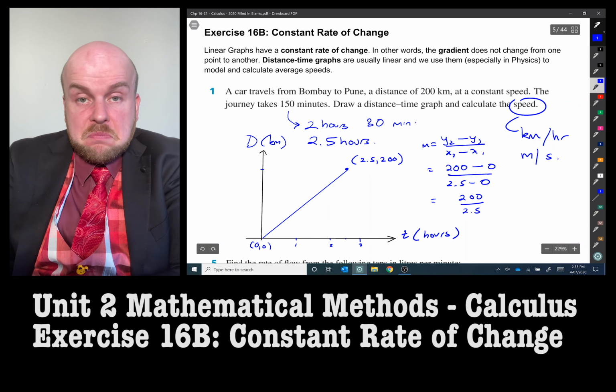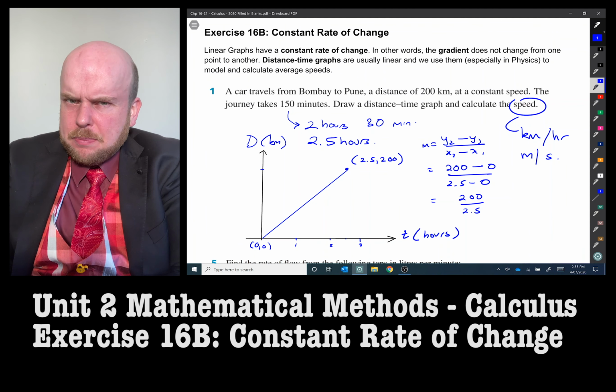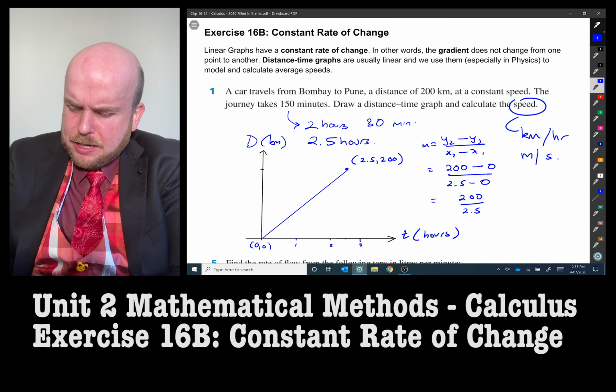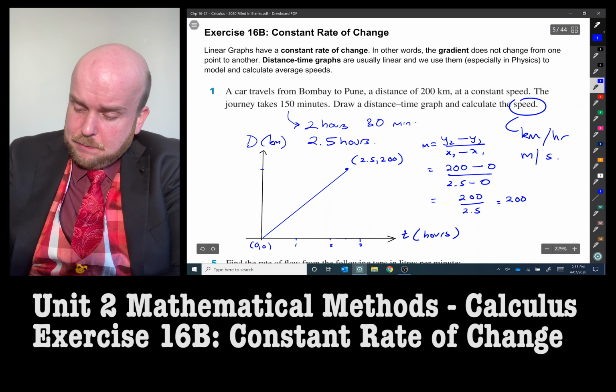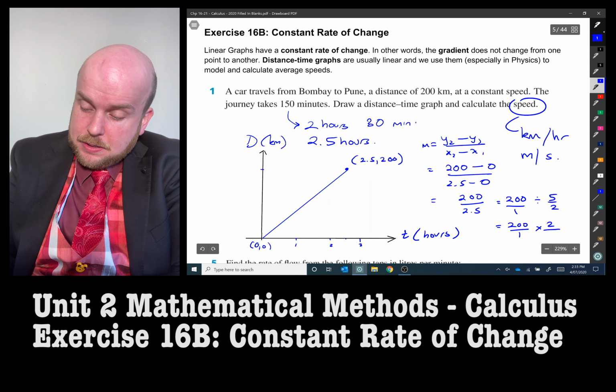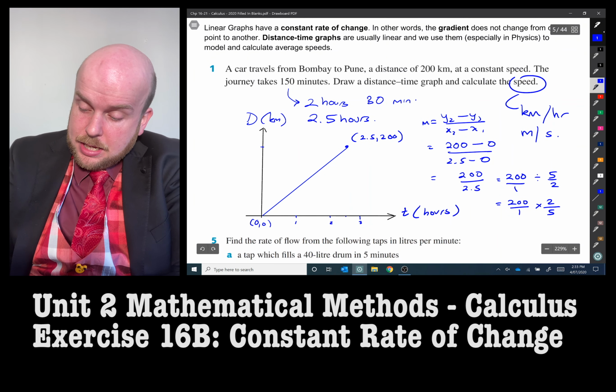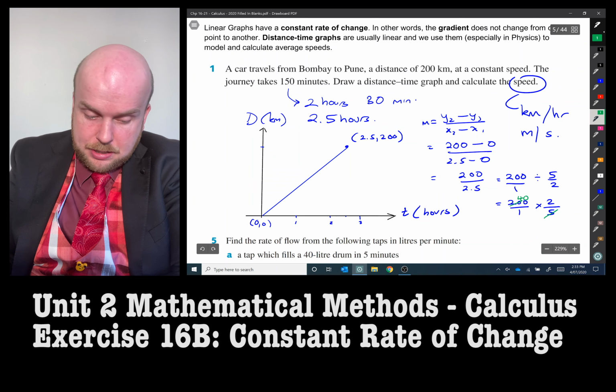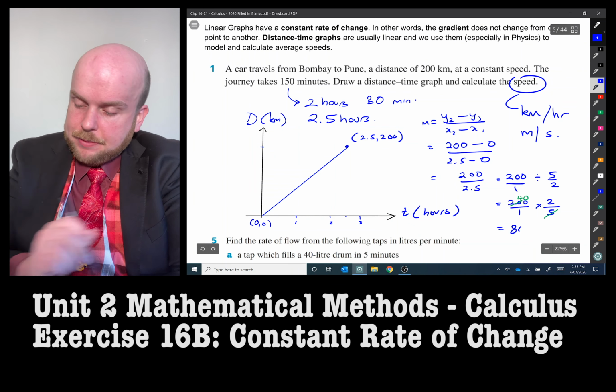Now I'll probably make this more complicated than it needs to be, because I don't want to get out my calculator. I'm going to treat that as a fraction, because that's what I do. 5 can go into that 4. So it should be 80 kilometers per hour.